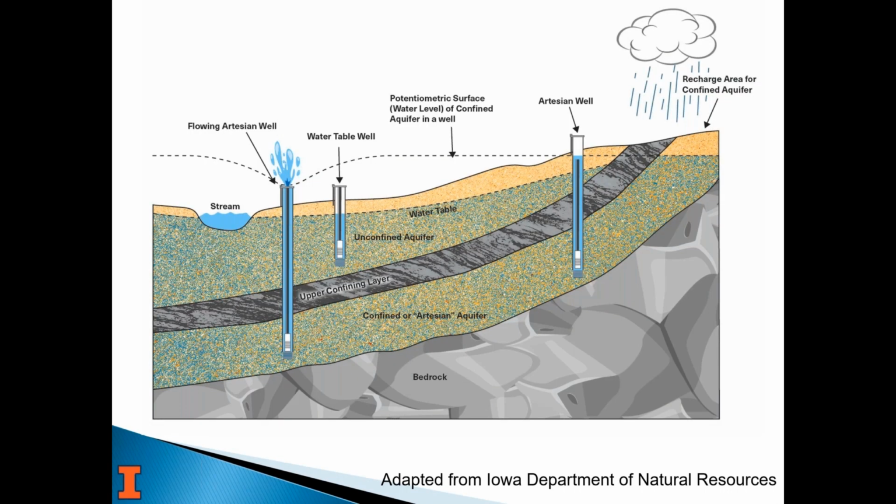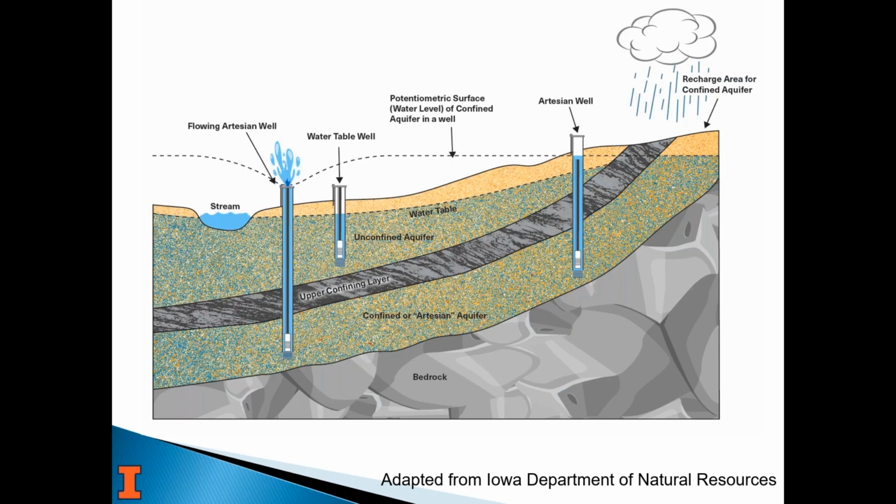So here's another example. And again, this is adapted from one of the Iowa resources that we had seen before. What this also shows is, bedrock isn't flat, so these aquifers aren't flat. Somewhere far off to the right, these aquifers both come to the surface, or the bottom one, the confined one, comes up to the surface and is recharged.